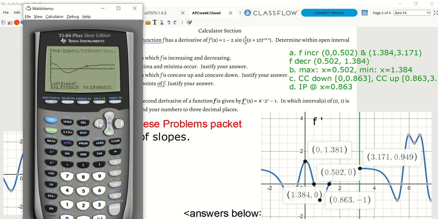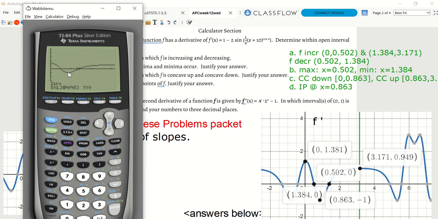I'm going to set up a left wall over here, left bound, and then a right wall on the right side, so that we tell the calculator to look between these two walls, and then press enter. It gives us this x-intercept, which is 1.384, which matches up here. We can do the same exact process with this other x-intercept: set a left wall somewhere here, a right wall somewhere there, to find that x-intercept.